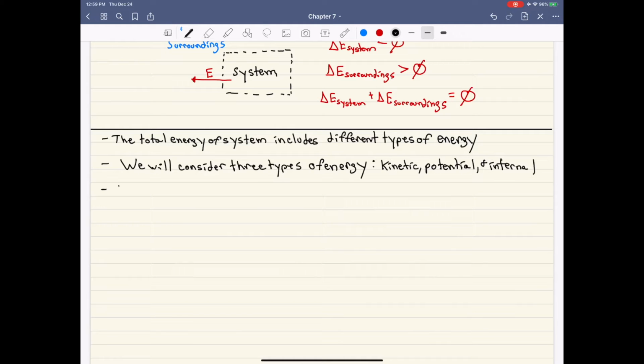So kinetic energy, the way that I'll define it is that it's the energy of a system based on its velocity. But its velocity relative to some frame of reference.